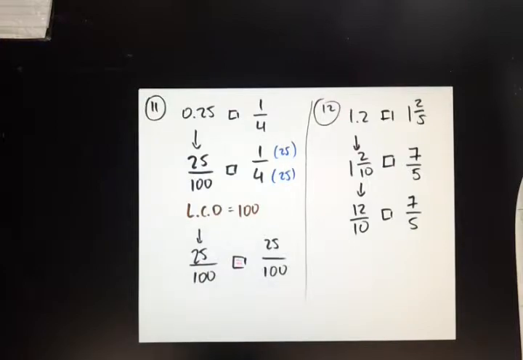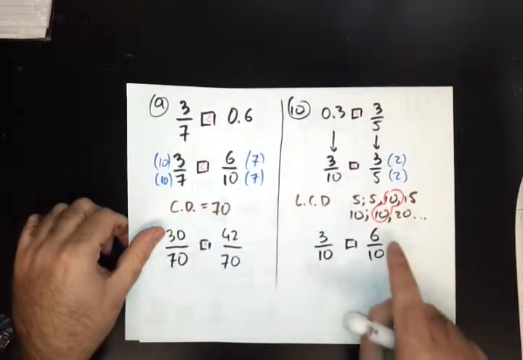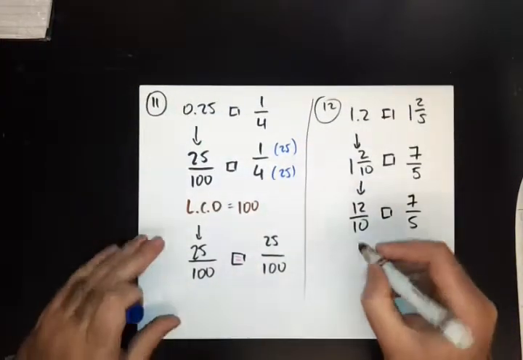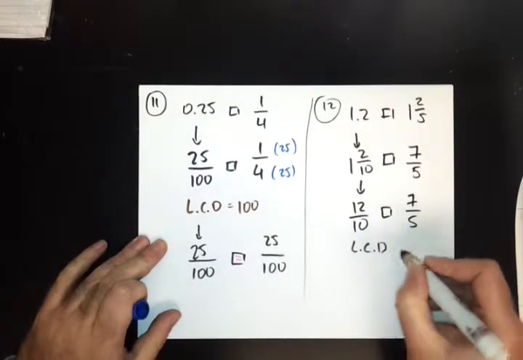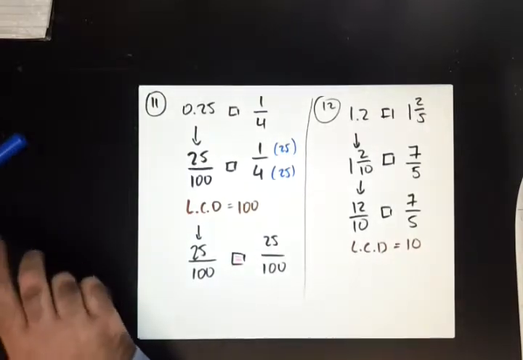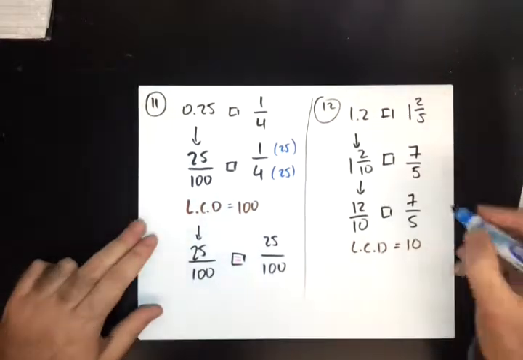The LCD for these two is 10, because I already showed you right here, between 10 and 5, it was 10. I have the same denominator, so I'm not going to go through the entire process. So 10, which means I only have to modify one of the two and not both.